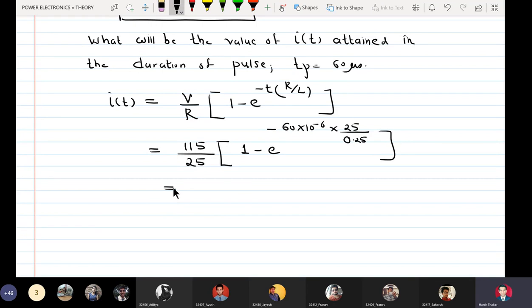which is equal to 115 upon 25, that is 4.6, into 1 minus e raised to minus, so we have 60 microseconds into 25 divided by 0.25, that is e raised to minus 6 into 10 raised to minus 3, right?